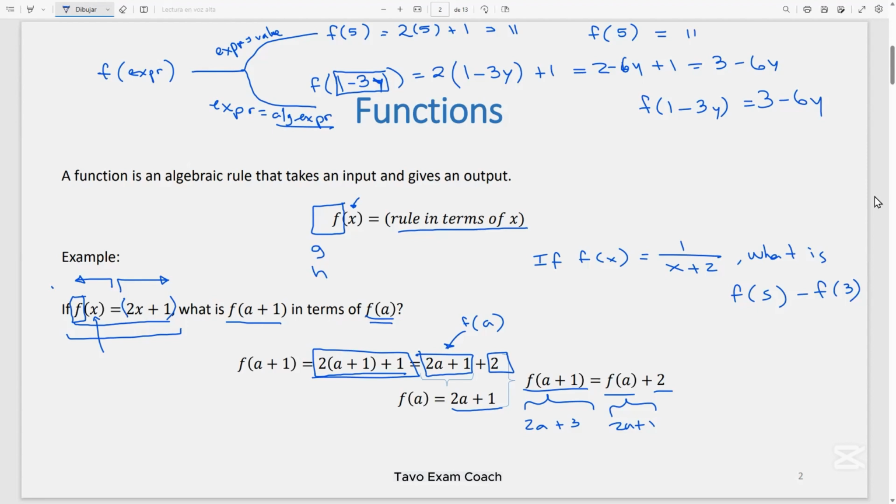According to the definition, f of 5 would be 1 over 5 plus 2, and f of 3, 1 over 3 plus 2. In other words, 1 over 7 minus 1 over 5. And the answer would be negative 2 over 35.